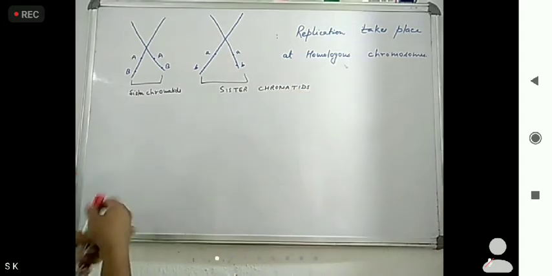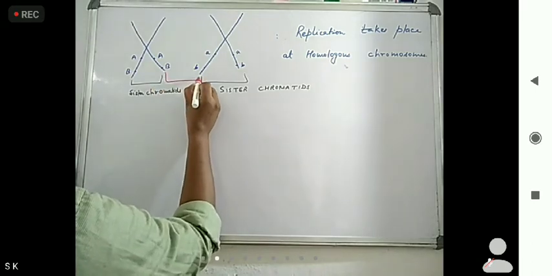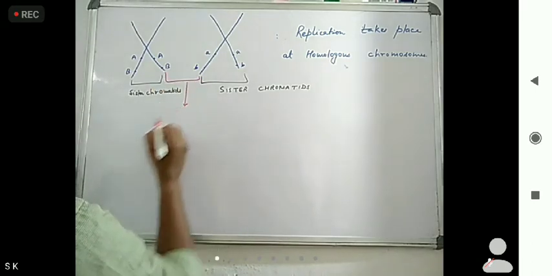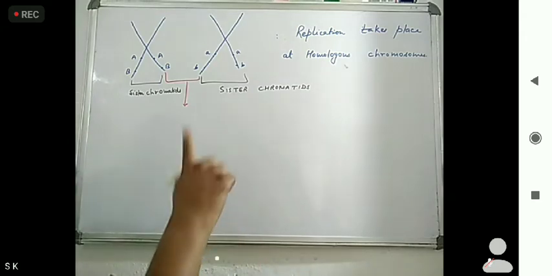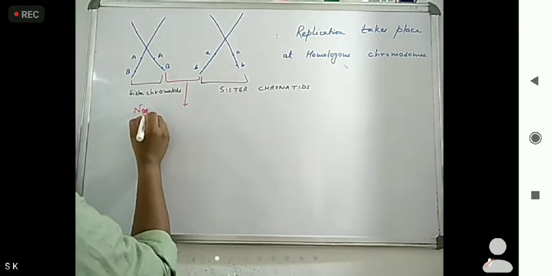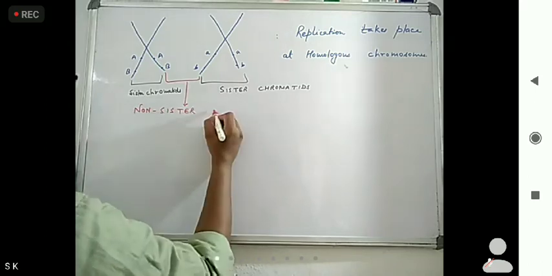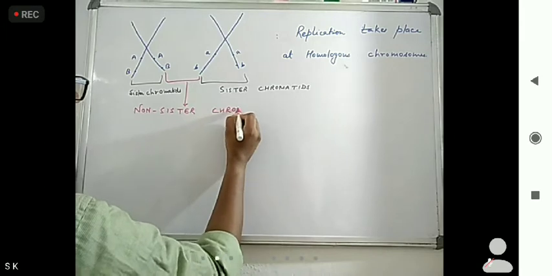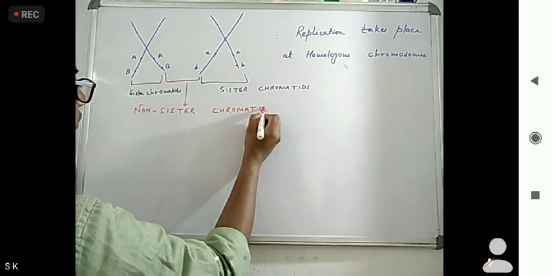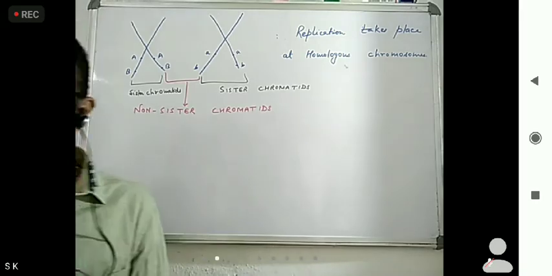And we know that these two are non-sister chromatids. Exchange of genetic material takes place where? Between these non-sister chromatids. So exchange of material will occur now.